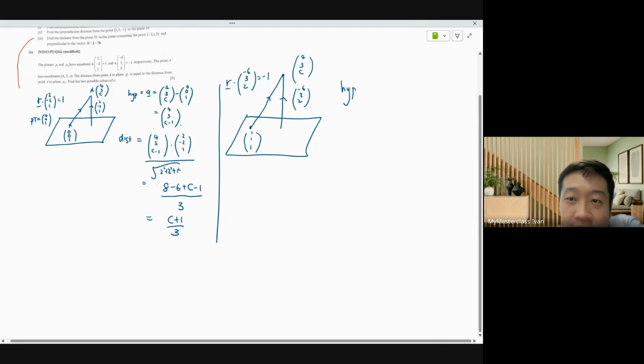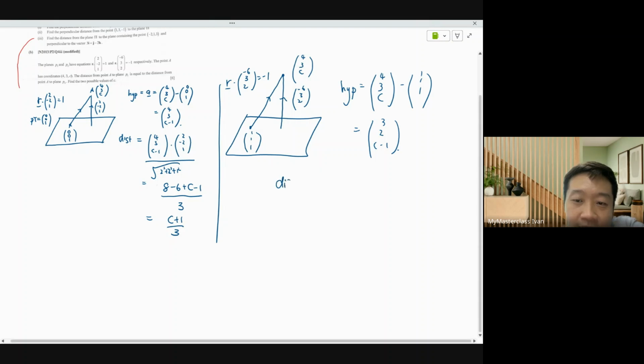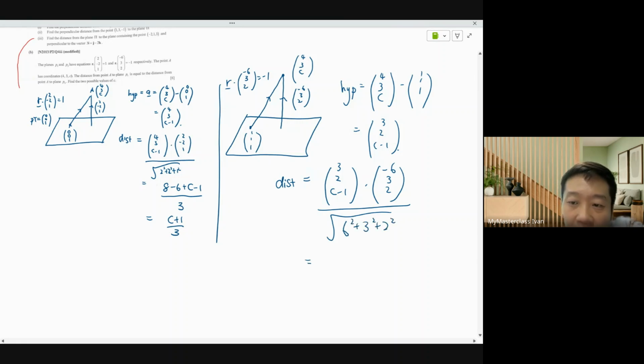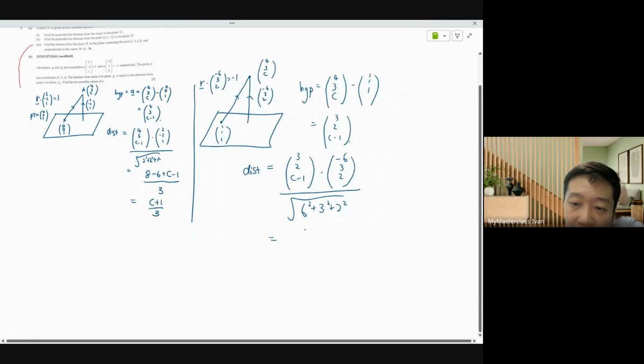So the hypotenuse, you must form the vector of the hypotenuse first. (4, 3, c) minus (1, 1, 1) is (3, 2, c minus 1). Okay? So the distance, again, do the same method. (3, 2, c minus 1) dot (-6, 3, 2) over the magnitude, square root of 6 squared plus 3 squared plus 2 squared. Minus 18 plus 6 plus 2c minus 2.